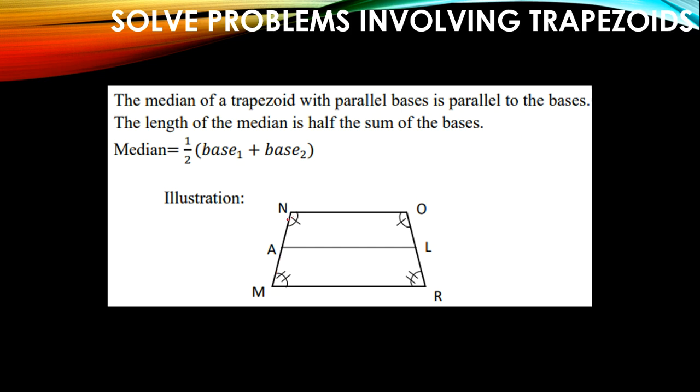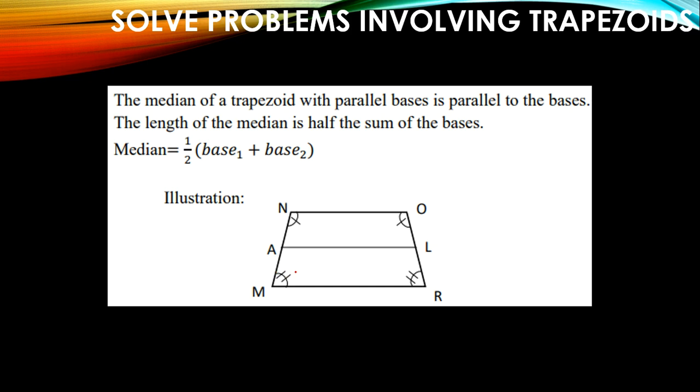As you can see, the upper base angles and the lower base angles are congruent to each other. The consecutive angles M and R are congruent, then N and O. Although O and R are consecutive, they are not the same, so it specifies base angles.